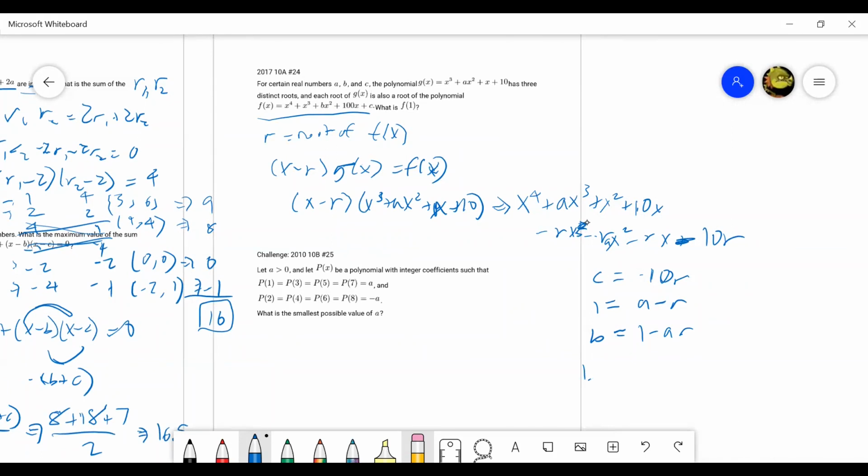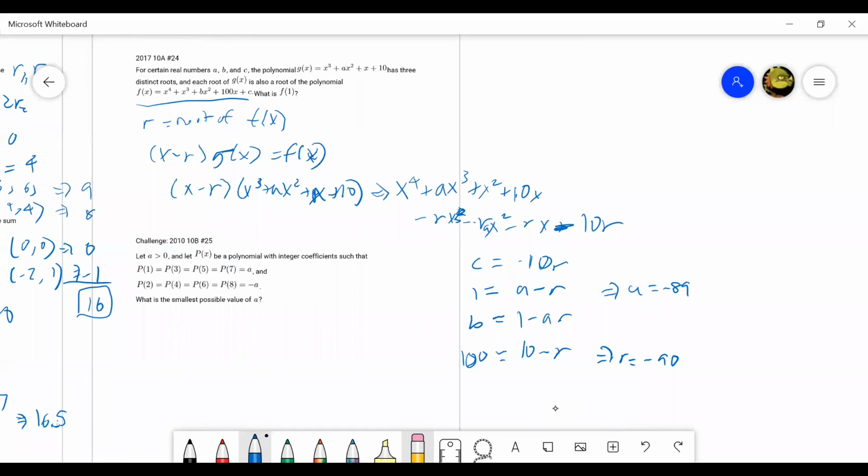And 100 is equal to the x term, which is 10 minus r b. Then from the last equation, r equals negative 90, so a equals negative 89, and c equals 900. And b is equal to 1 minus negative 89 times negative 90. I'm not quite sure what that is, but we'll just leave it as that.